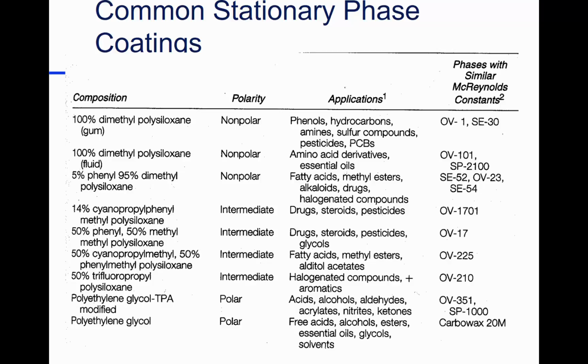So what do we put inside of that column? What's our stationary phase? Back when I started, we had over 300 different materials that you might put inside of this column. And at this point, it's come down to 9 different materials. Those 9 have replaced the 300 that we used to use.